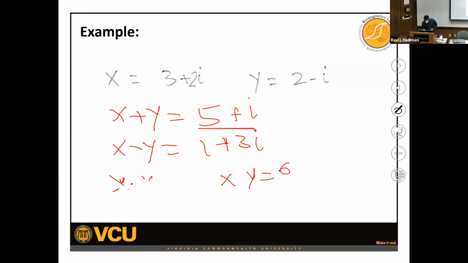So this is 6 minus 3i plus 4i minus 2i squared. Okay, that is 6 plus i minus, that becomes 8 plus i.